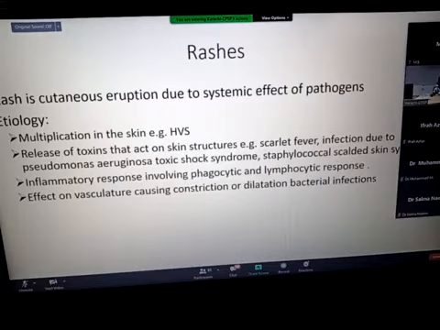Thirdly, there may be an inflammatory response involving phagocytic and lymphocytic cells, and there may be an effect on vasculature causing constriction or dilatation of the vessels. For example, sepsis by gram-negative rods.